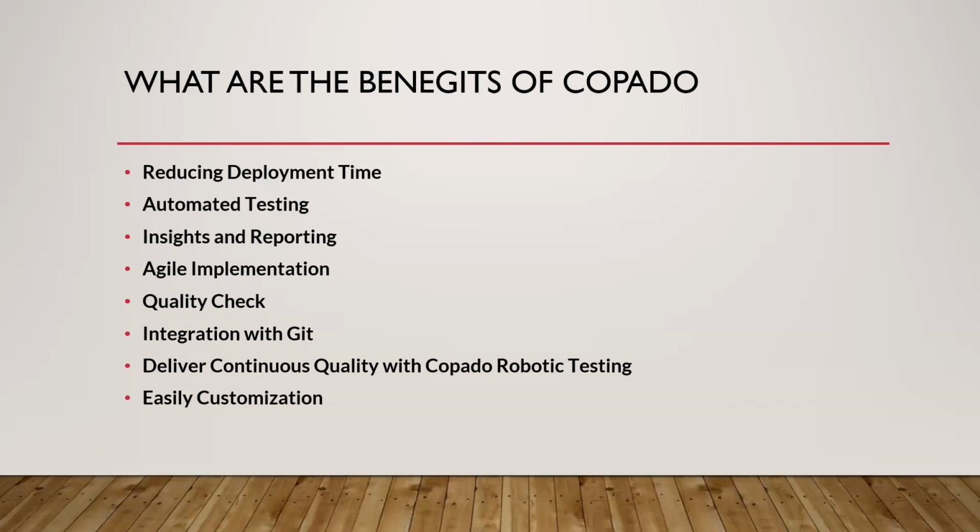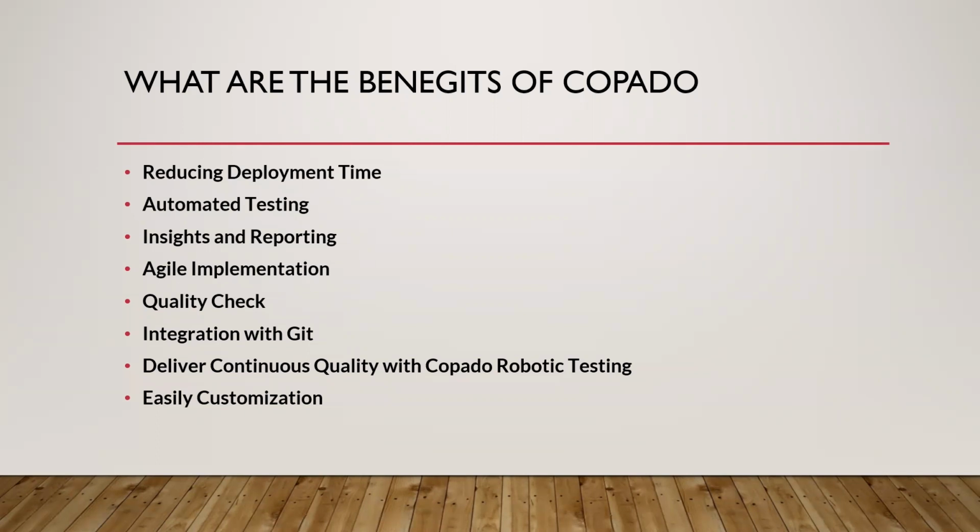Quality check. You can use the inbuilt quality and compliance features to implement quality checks right from the start of the development life cycle. You can check your code quality and check for merge conflicts. A merge conflict happens if someone changes some code, and you also change the same code in the same class, and when you create the PR it comes up as a merge conflict.